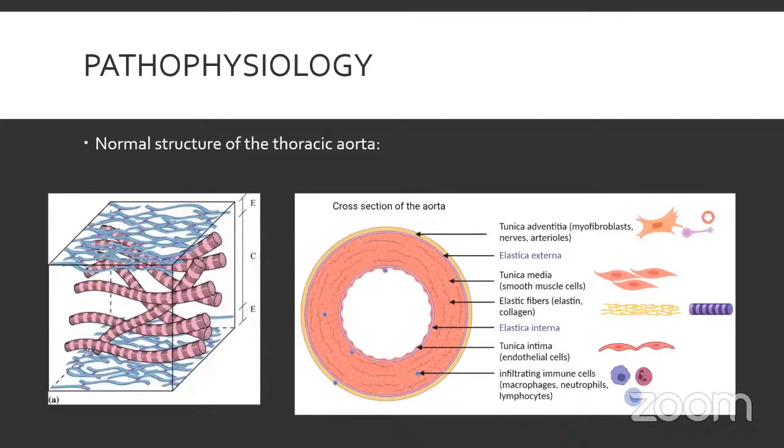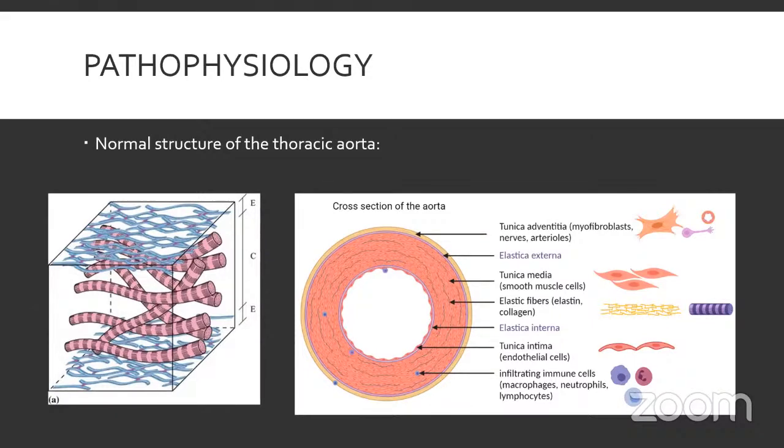Now, before talking about the pathophysiology, let's talk about the normal structure of the thoracic aorta. The aorta has the structure of the usual big elastic arteries. So we have three main layers with two elastic layers in between. The first layer is the tunica intima, which is mainly made up of endothelial cells.